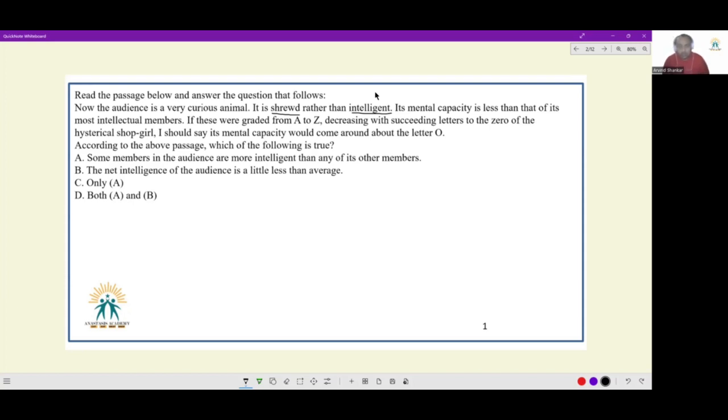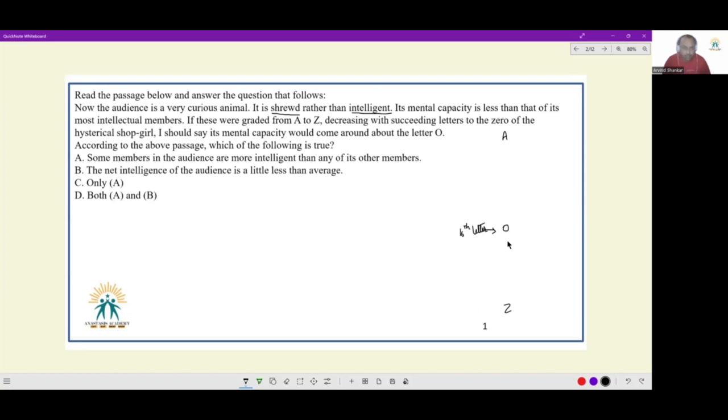I would say its mental capacity would come around about the letter O. So the average, if I were to put it down in the range, the average would be around O. Look at the O. O is the 16th letter of the entire English alphabet. Out of 26 letters, O is the 16th letter.